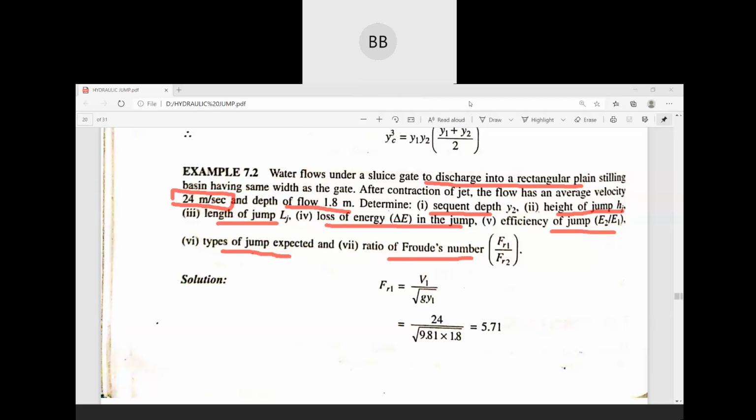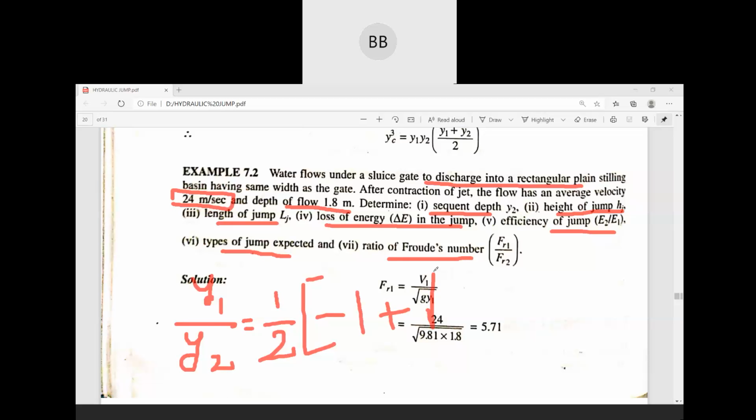So first, if you remember, the first one is to find out the sequent depth, that is the y2 value. If you remember the equation, y1 divided by y2 is equal to half, then minus 1 plus root over 1 plus 8 Fr2 square.